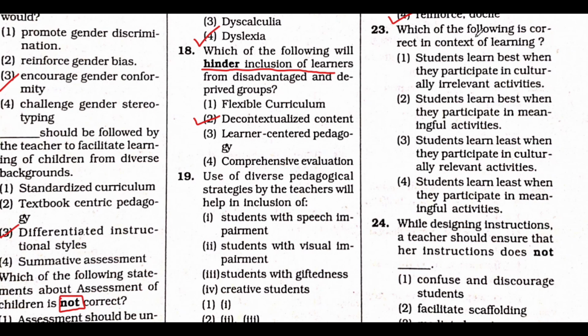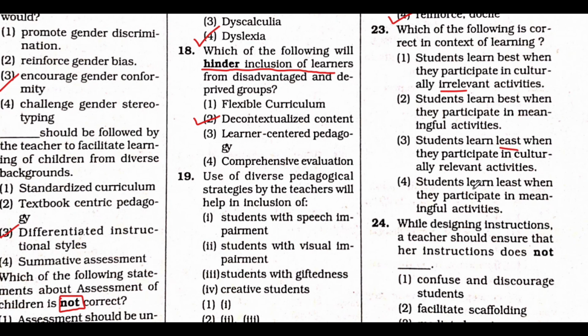Which of the following is correct in context of learning? Students learn best when they participate in culturally irrelevant activities. See, negative word. Students learn best when they participate in meaningful activities. Students learn least when they participate in culturally relevant activities. So you can see they are using negative words here.